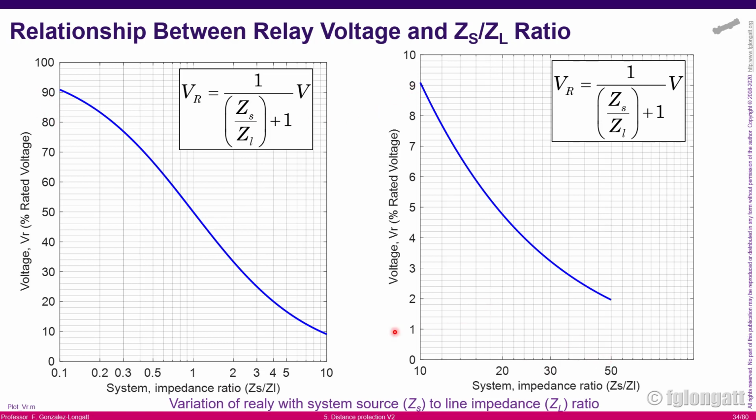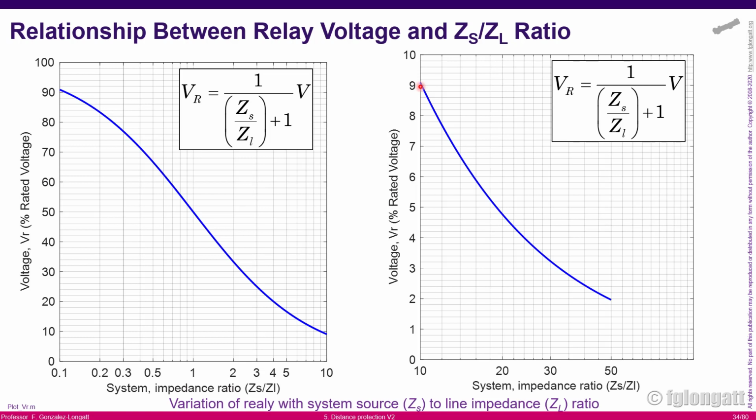But if we go to a larger ratio between source and line impedance, you can see how the voltage decreases so much. Over here it is 9%, and that is the starting point over here. That is a very low voltage at the terminal of the relay.